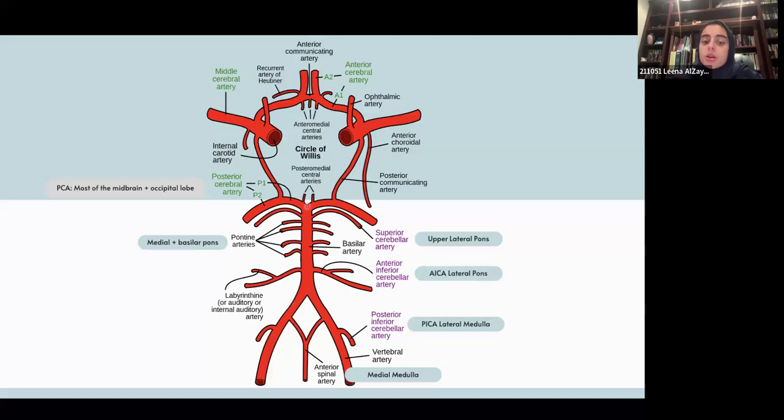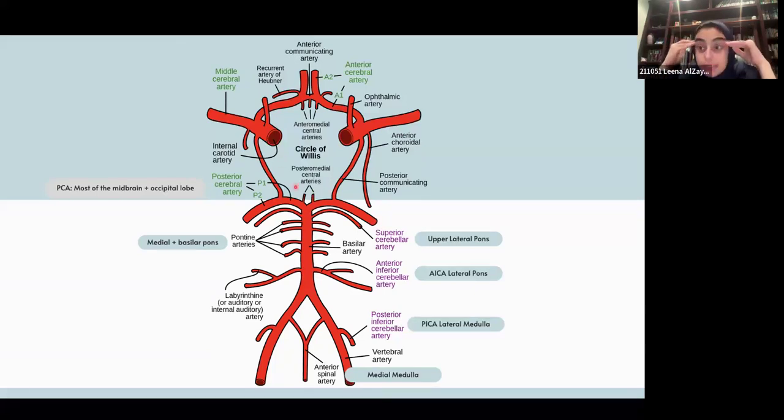And then the basilar artery divides and creates the posterior cerebral artery. But it also gives a small branch called the superior cerebellar artery, and a branch down called the anterior inferior cerebellar artery. So as it goes up the pons, it gives small arteries to the cerebellum.